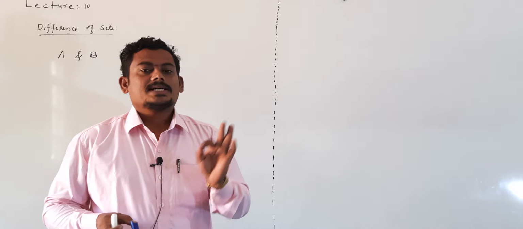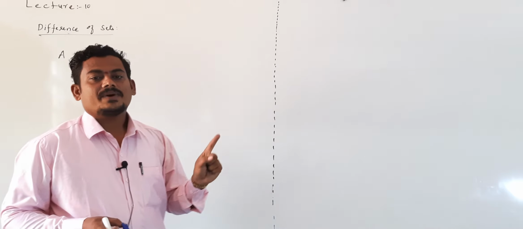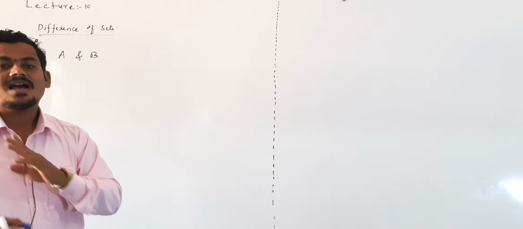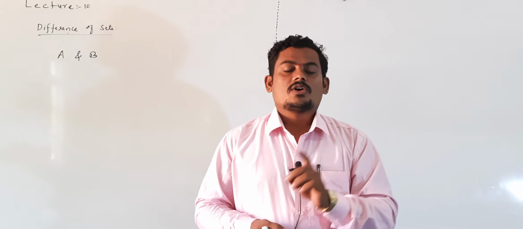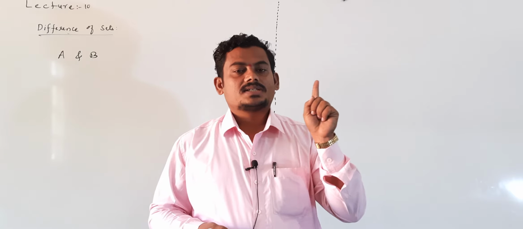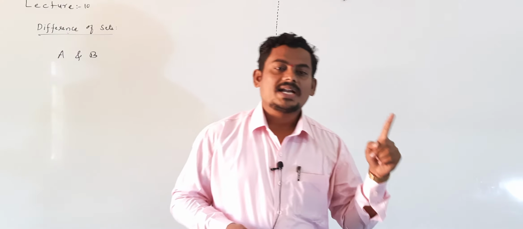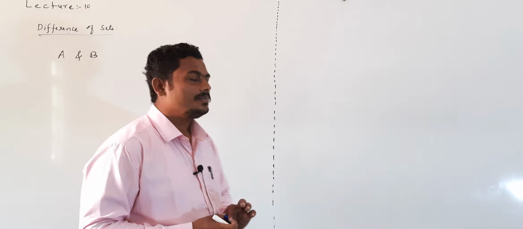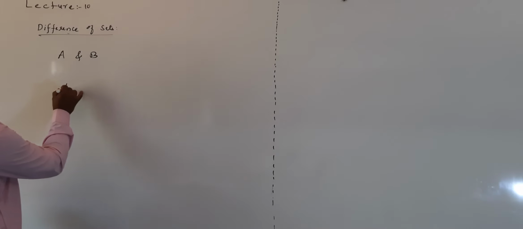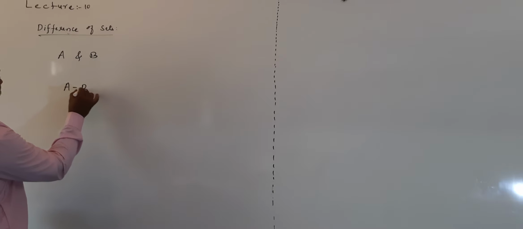Then the set of elements belonging to set A but not set B is called difference of A and B, and difference of A and B is denoted as A minus B.